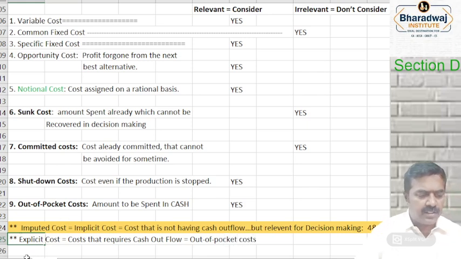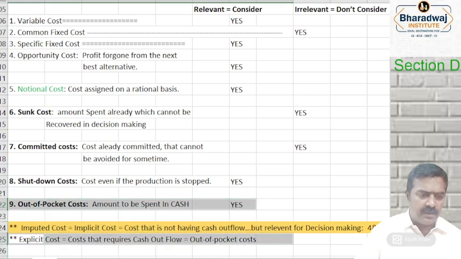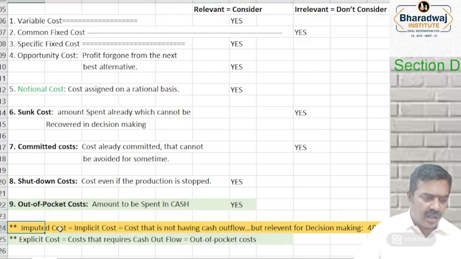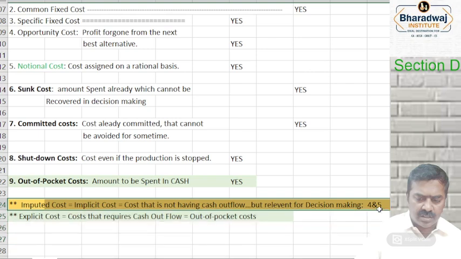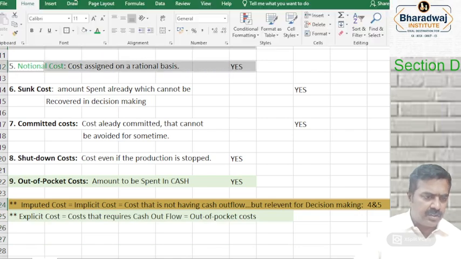So both explicit cost and implicit cost are relevant for decision making. Imputed costs are opportunity cost and notional cost. Both of them are relevant for decision making.